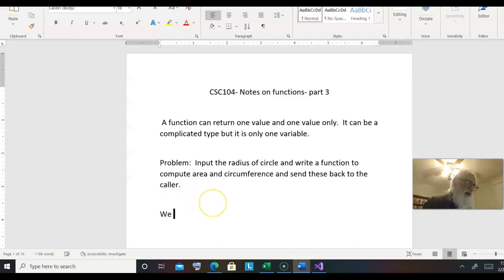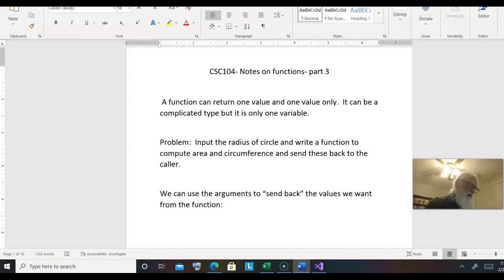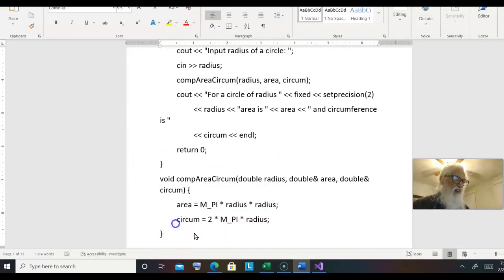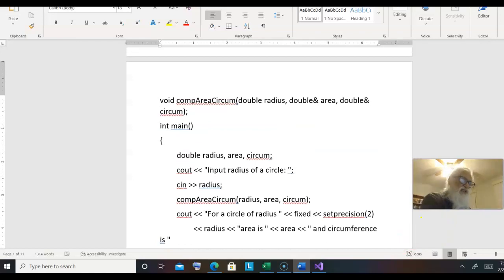So we can use the arguments to send back the values we want from the function. And the program is right here. That's another good way to work with functions.